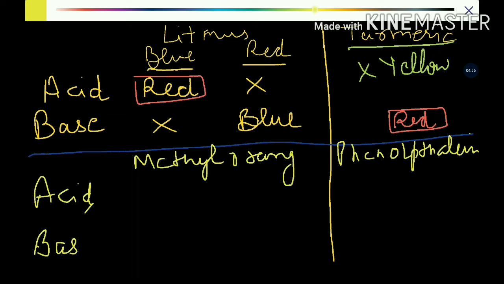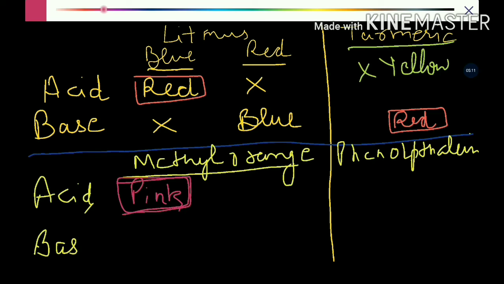How does methyl orange behave as litmus? Again, methyl orange will show almost red, that is, pink color. Red and pink are almost the same. Pink is the lighter version of red. So we can say pink color for methyl orange.